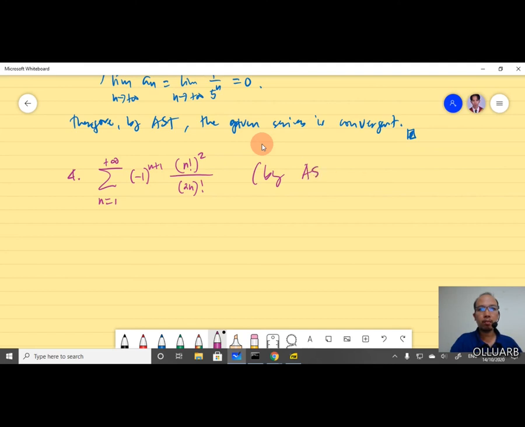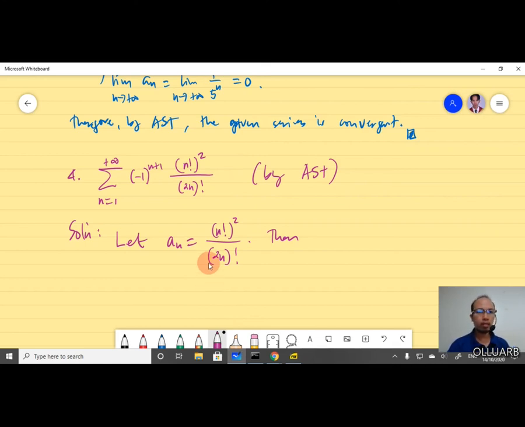Again, this is very obvious. We have a factor here. This is an alternating series. Okay, solution. So we are going to let our a sub n be n factorial squared over 2n factorial. Then for positive valued, let's wait for the program again to respond.